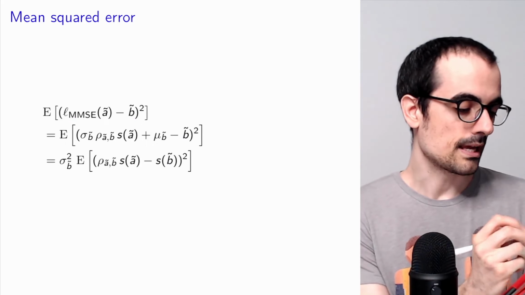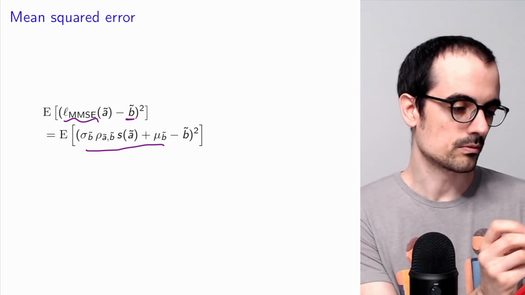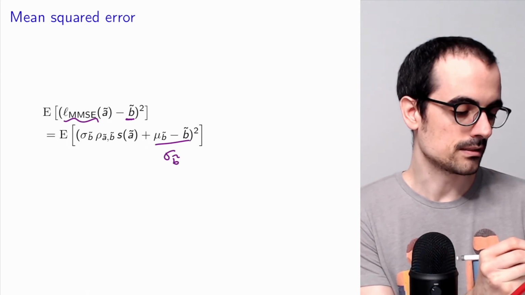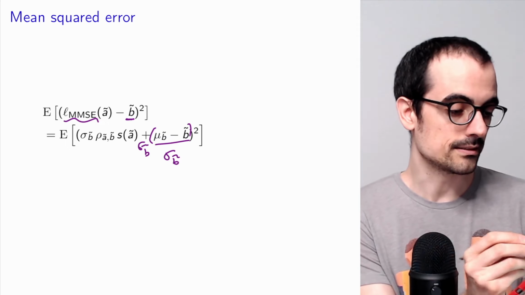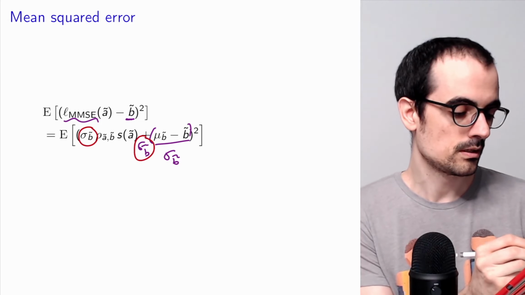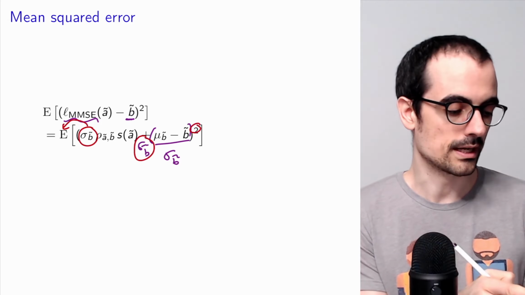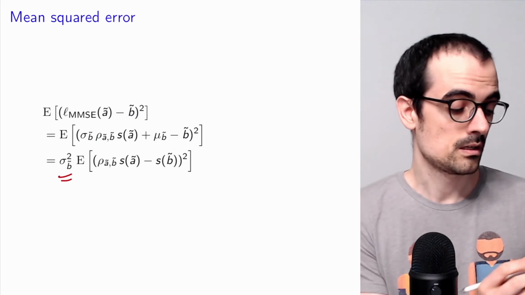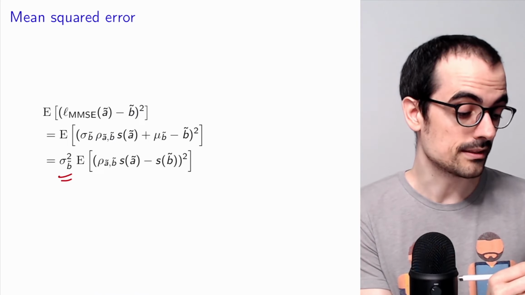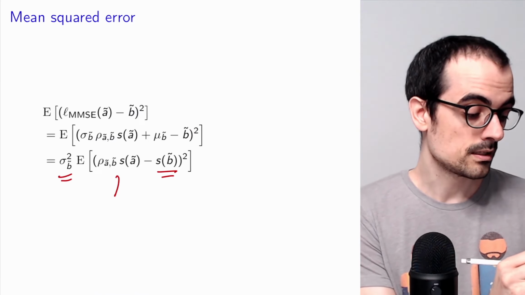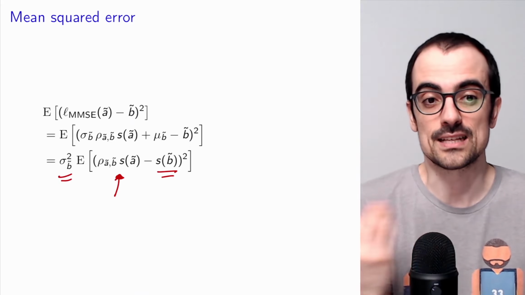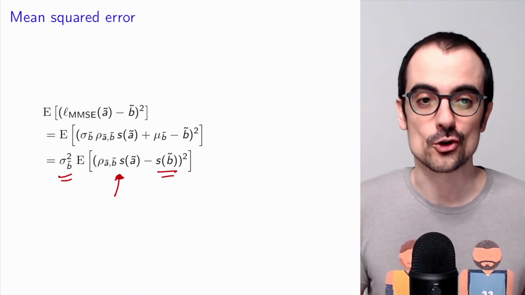Here we can divide and multiply by the standard deviation of B, so that we can take it out with a square. So this expression is exactly the same as taking out the variance of B and having the mean squared error between the standardized version of B and its optimal linear estimator, which is obtained by just scaling the standardized version of A by the correlation coefficient.